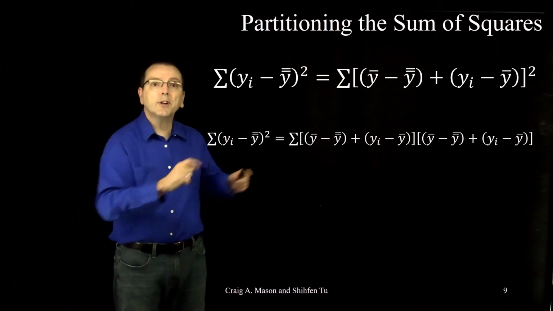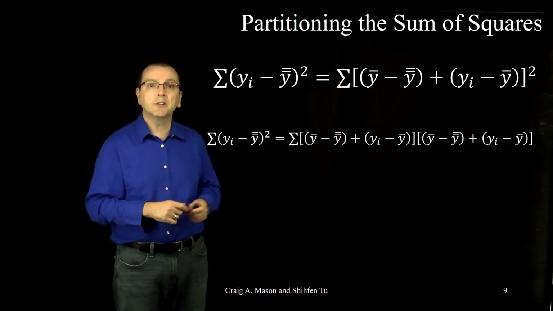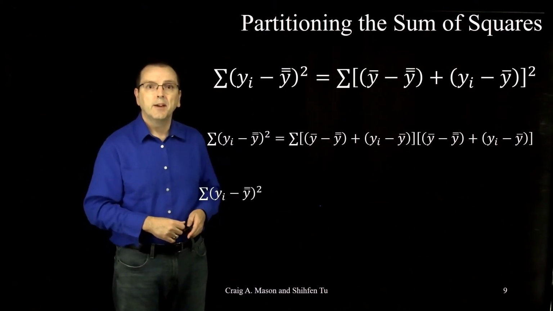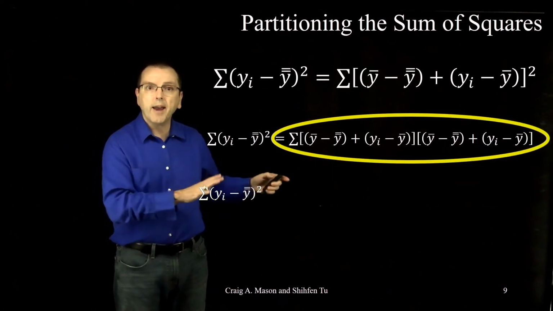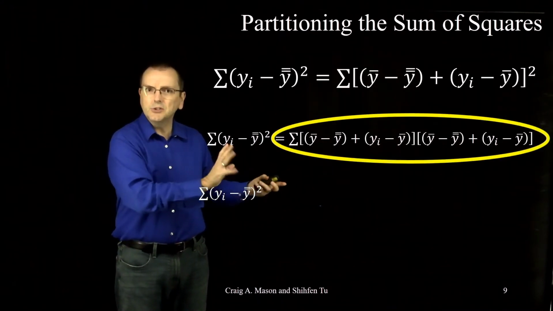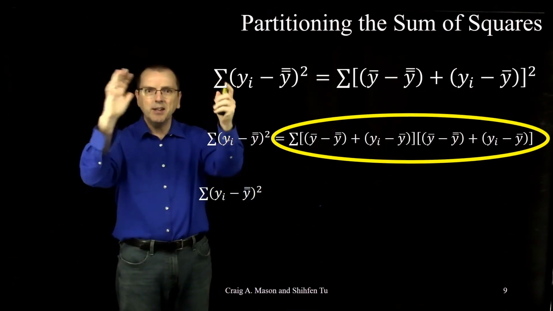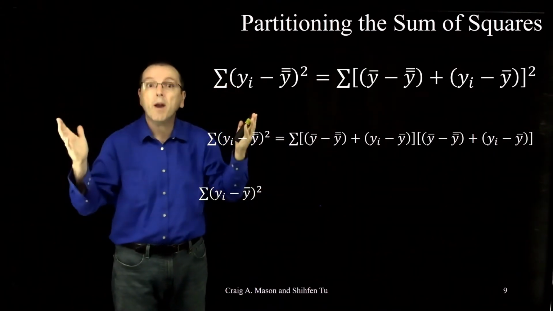Now, let's further expand the right-hand side of the equation. To do that, I'm going to add another row here. Now, on the right, this is a squared binomial, something plus something in parentheses squared, right?